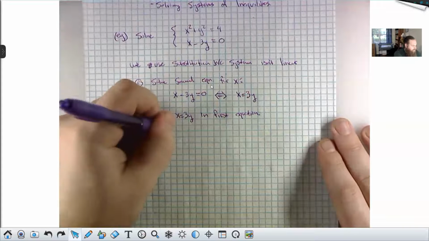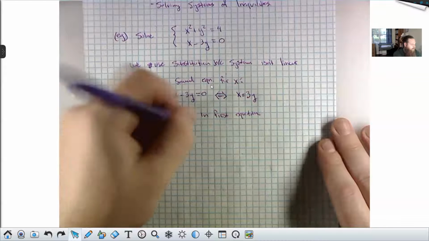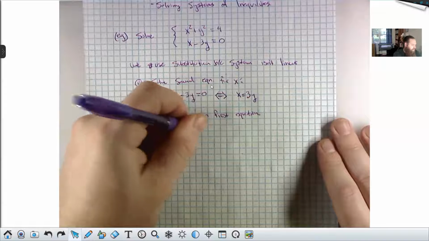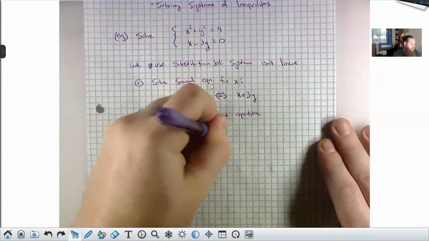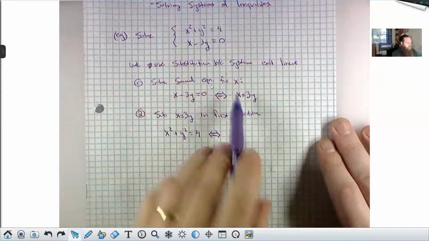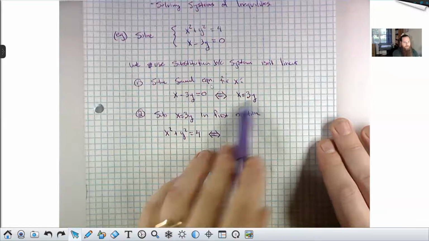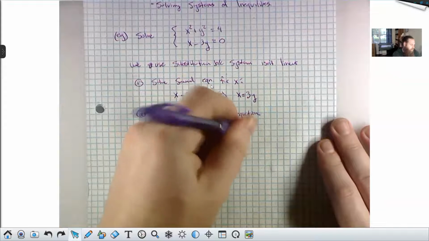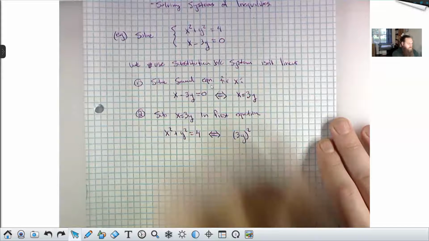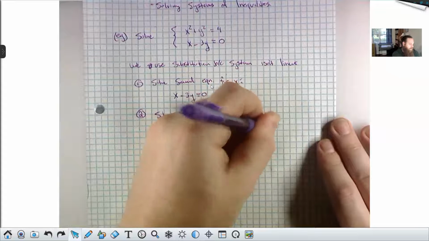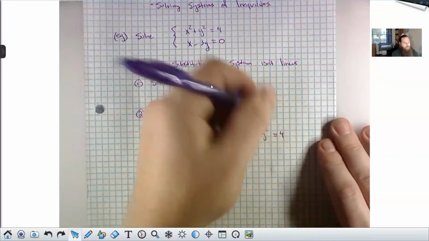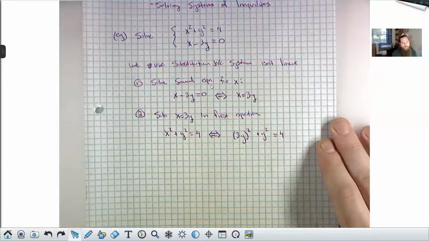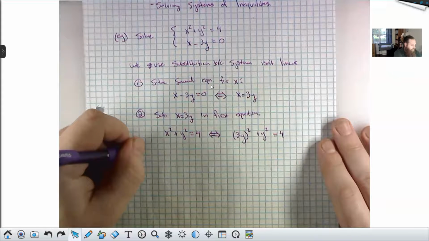My first equation is x squared plus y squared equals 4. If I plug 3y in for x, this piece becomes 3y all squared, and then we still have the plus y squared and the equals 4. Now I clean this up and solve for y.